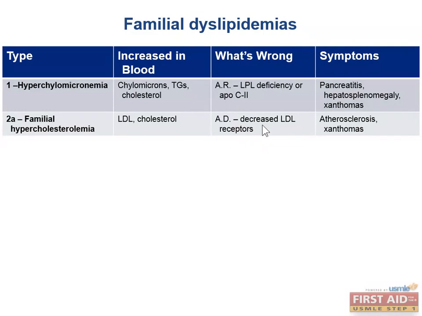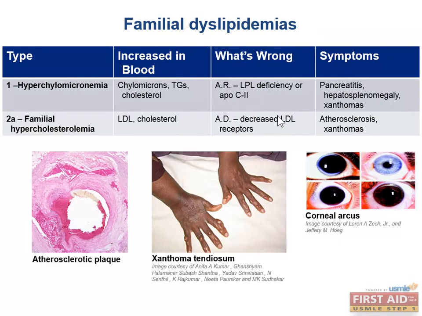Without these LDL receptors, LDL can't be taken up by tissues, and therefore it accumulates in the bloodstream, eventually becoming deposited in the walls of the vessels. This leads to atherosclerosis and vessel wall injury, such as the one shown here in the picture. Then you also see the xanthomas as well. This can also cause the tendon xanthomas, the corneal arcus, which remember was that pale arc around the cornea.